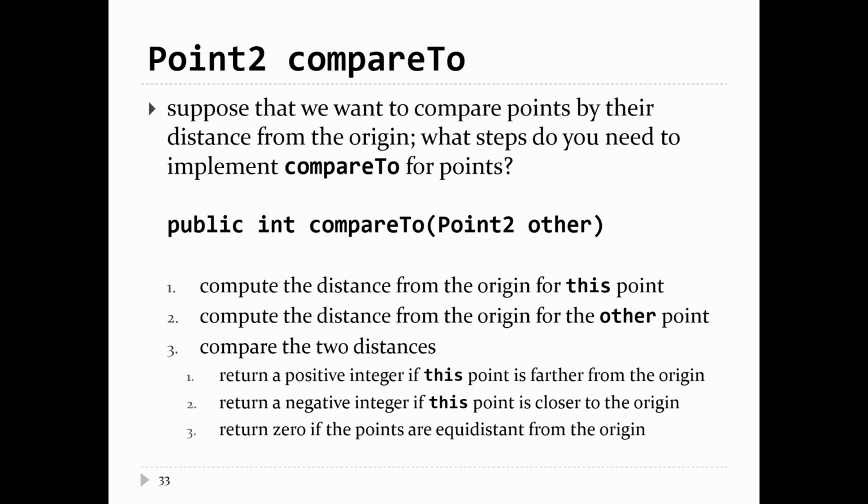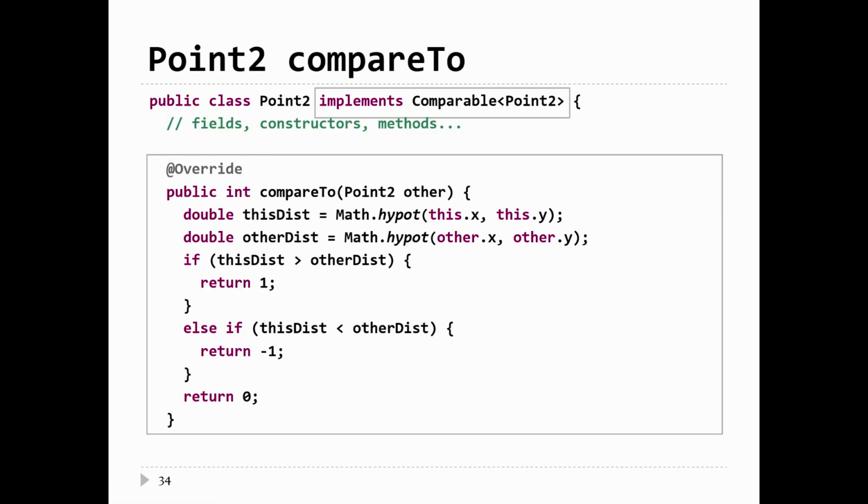So q is our parameter, and inside the method, the object that was used to call the method is called this. So it's pretty simple. You just compute the distance to the origin for this point, compute the distance to the origin for the other point, and compare the two distances. And you can come up with this little method here.